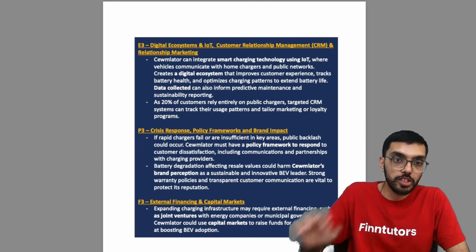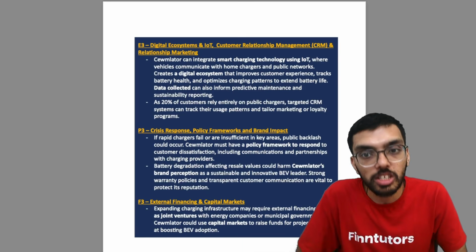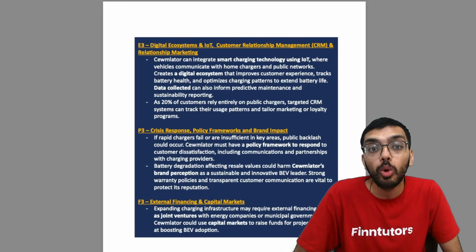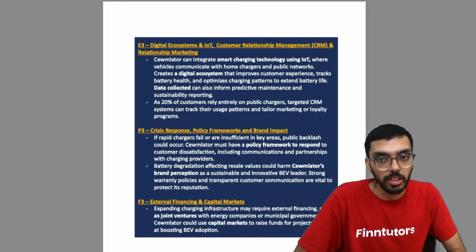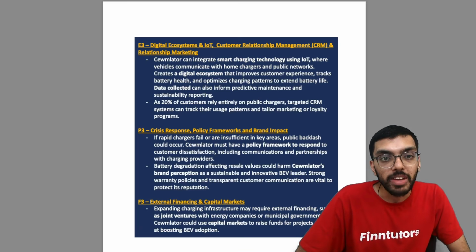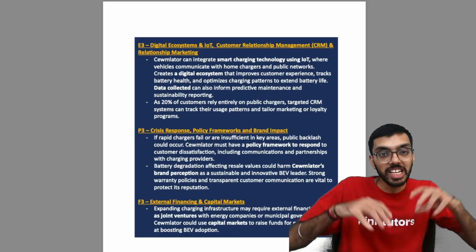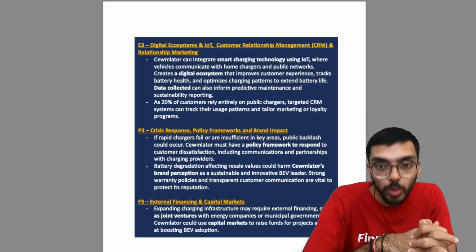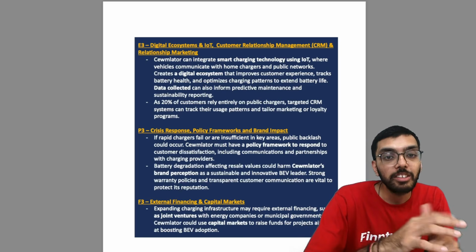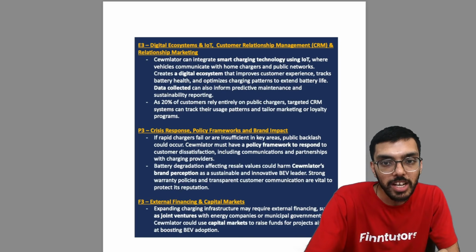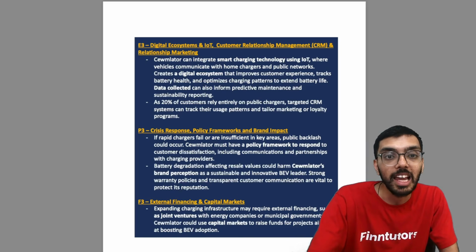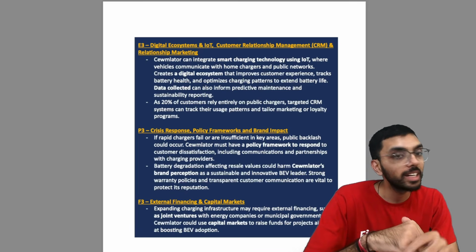So overall, Cewmlator can integrate smart charging technology using IoT, internet of things, where vehicles communicate with home chargers and public networks, creating a digital ecosystem that improves customer experience, tracks battery health, and optimizes charging patterns to extend your battery life. So let's say you have an app, a Cewmlator app.